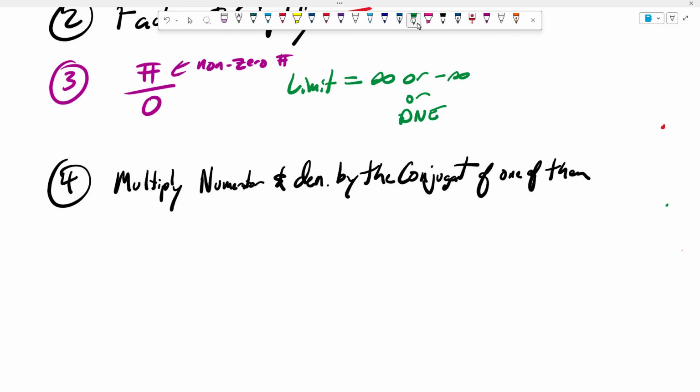And when do we do this? Typically when there's a square root and two terms in either the numerator or denominator.